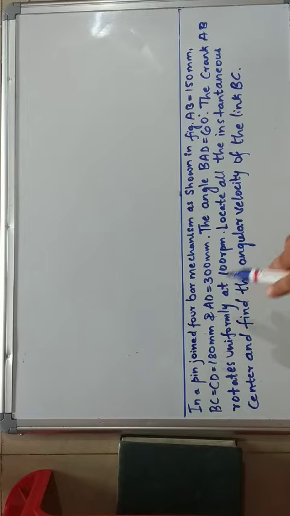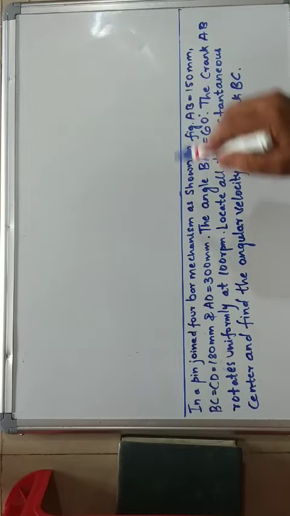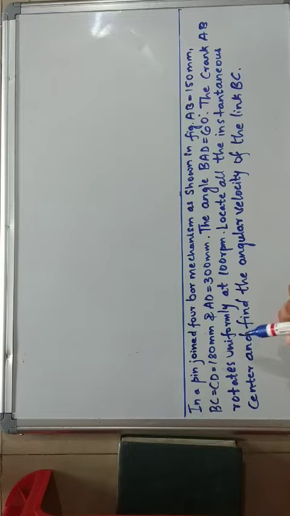In a pin joint 4-bar mechanism, as shown in the figure, AB is 150 millimeters, BC and CD are 180 millimeters, and AD is 300 millimeters. The angle BAD is 60 degrees. The crank AB rotates uniformly at 100 rpm. We are supposed to find all the instantaneous centers and find the angular velocity of the link BC.